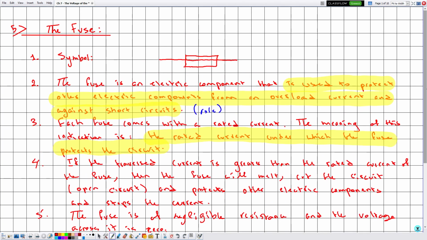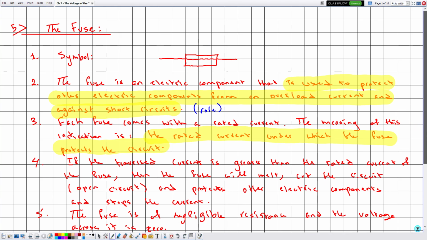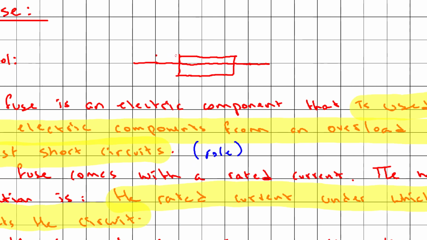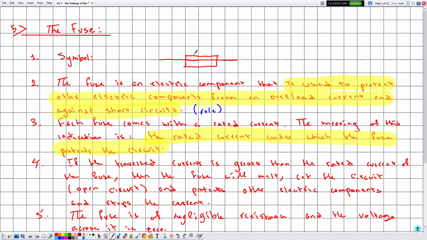Then in this case, if we consider 2 points, say for example this is the point A and B, and you are asked about the voltage UAB, then UAB is equal to 0 because it is of negligible resistance.